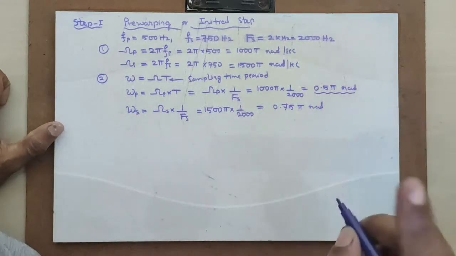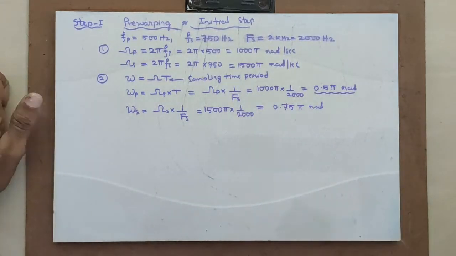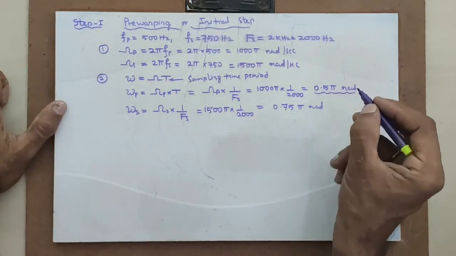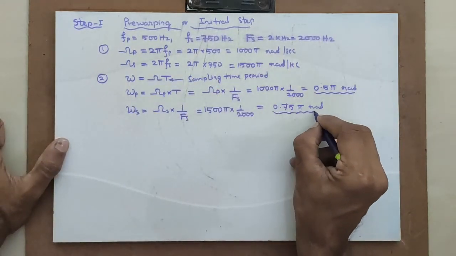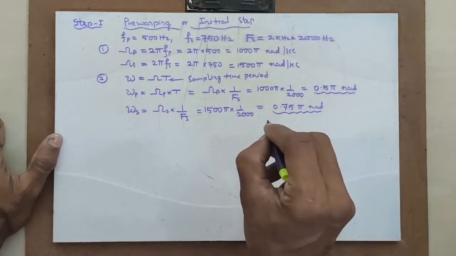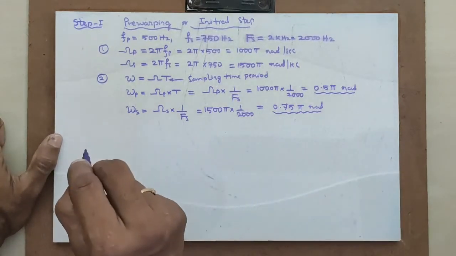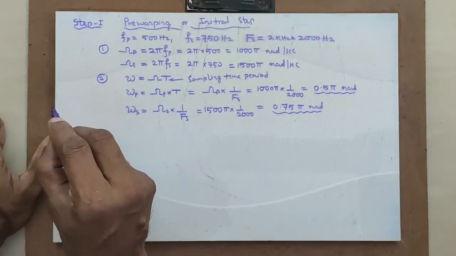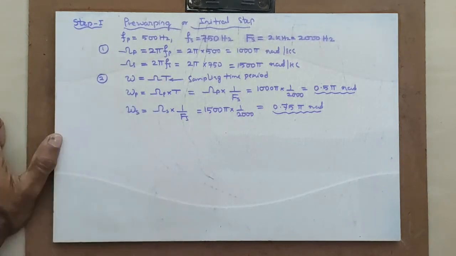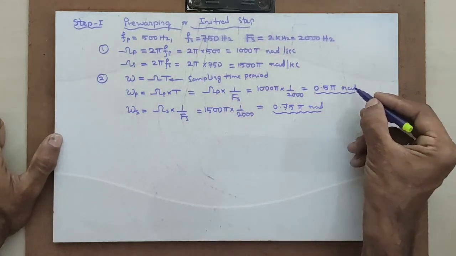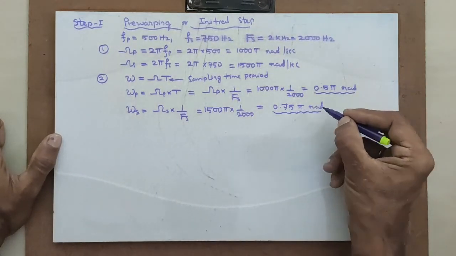In example 1, I had given you this data: 0.5 pi radians passband edge and 0.75 pi radians stopband edge. But in this example, the data is given such that we started from analog data in hertz and the sampling rate was given. This is the change. Now 0.5 pi radians and 0.75 pi radians have resulted.